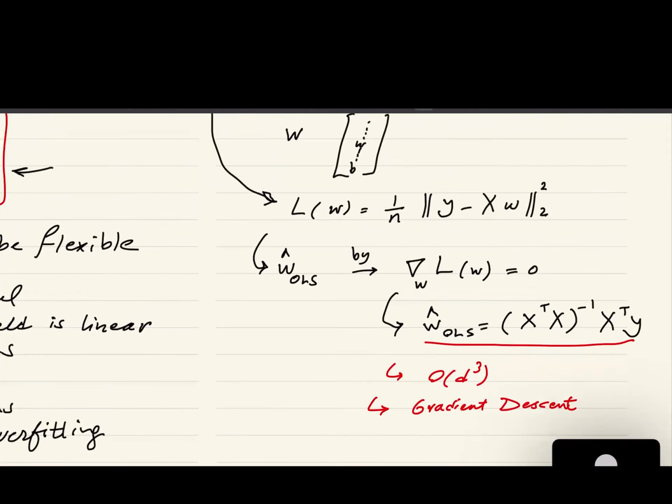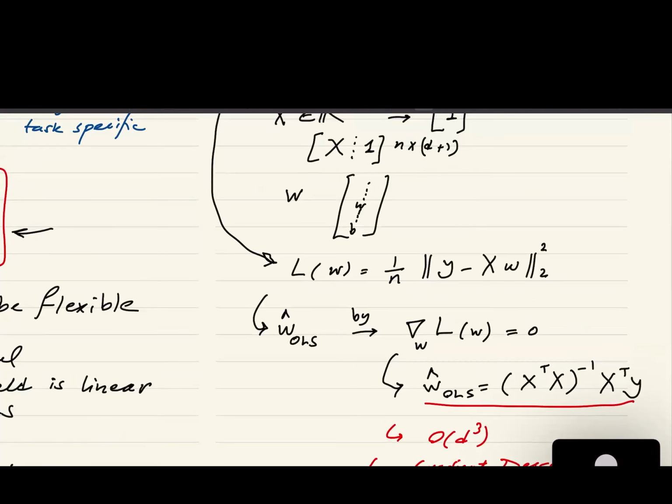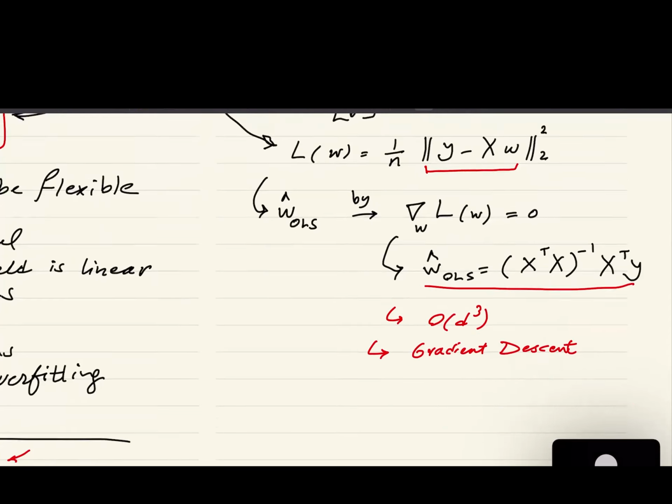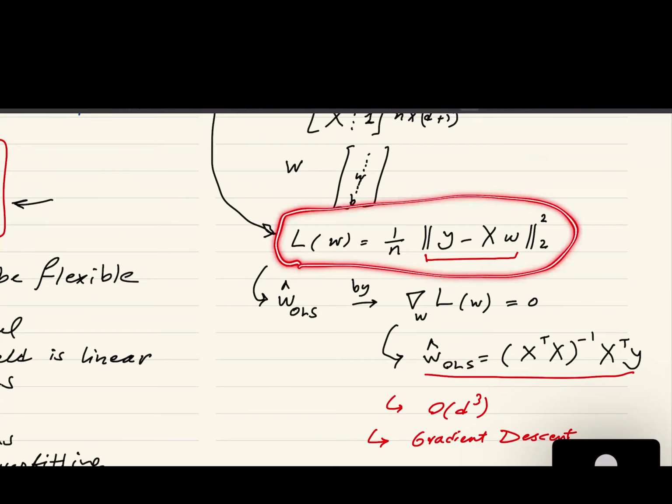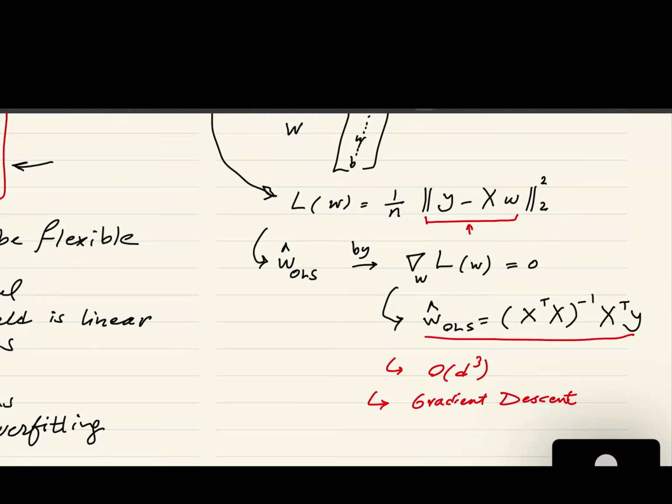So going back to what we did here, we are minimizing the distance between our Y and our prediction using the model. If I want to give a geometric interpretation to this, we want to minimize the distance between Y and the model prediction for all of our examples.